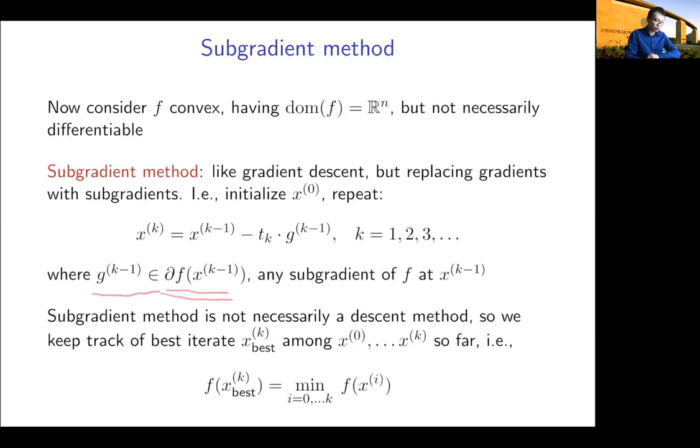This is useful because, as we've seen in the last lecture, finding one element within the subdifferential is easy, and often characterizing the whole subdifferential set is not that easy. It's often actually quite technical. So this is good news, because in practice, as long as we can construct one subgradient at any given location x_{k-1}, we can use it to construct an iterative algorithm that happens to work.